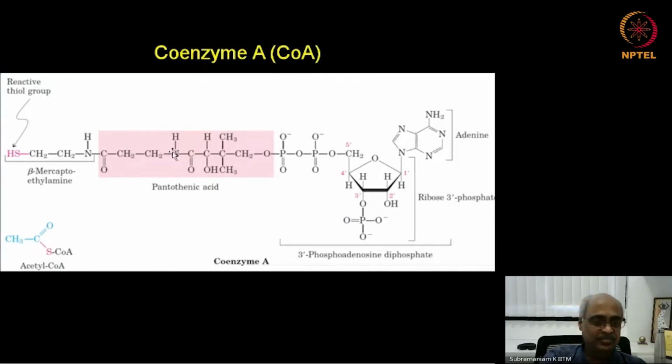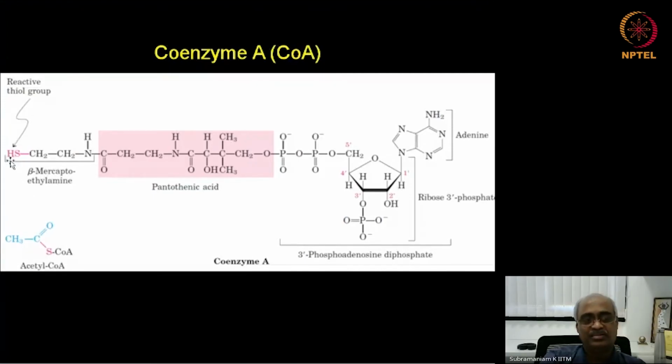And to that you have the pantothenic acid, to which you have a sulfhydryl group in the form of beta-mercaptoethylamine. This is the business end of this whole molecule. The sulfhydryl group is what is important for its function. That is where the acetyl group taken from pyruvate is going to be in ester bond.